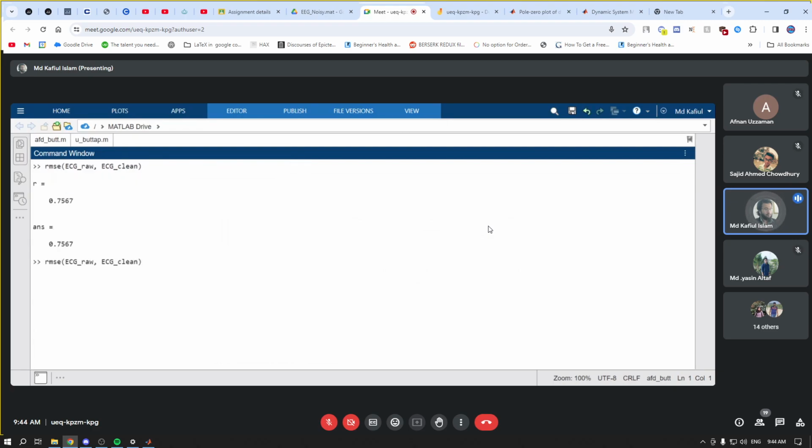What do you expect the RMSE to be after filtering? Should the error increase or decrease? Decrease. So has it decreased after filtering? Yes, sir. Okay, so from 0.75 error to 0.36 error. It seems to have decreased.